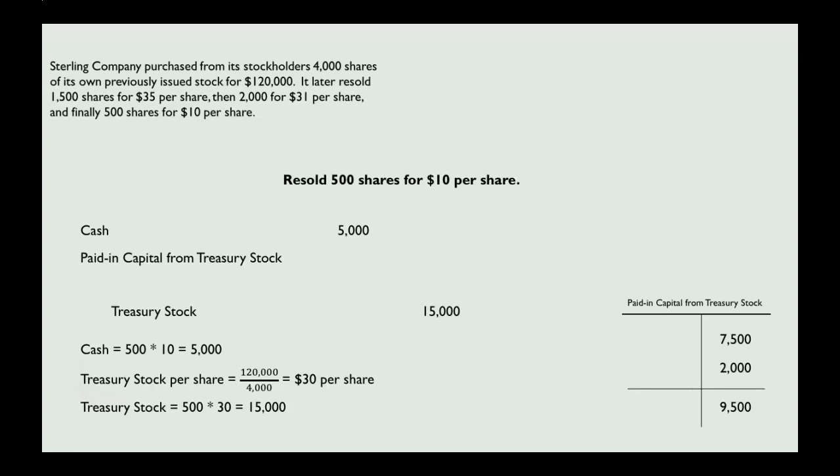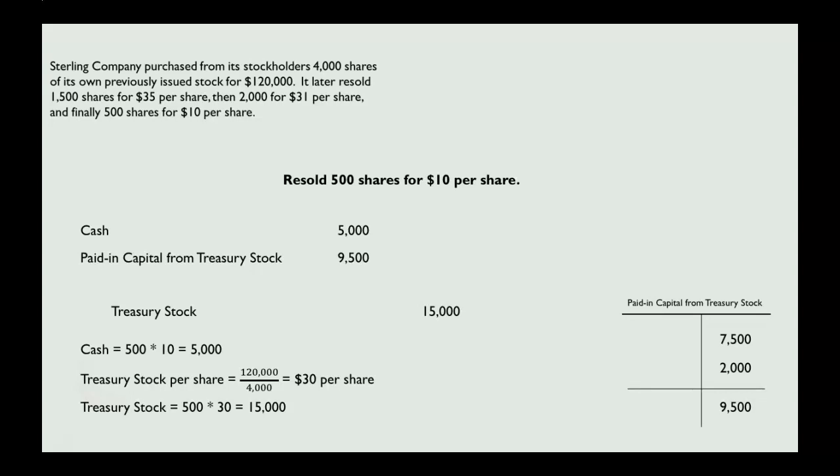But if we take a look at that T account over in the lower right corner, you can see that we only have 9,500 in that account. So in your paid-in capital from treasury stock account, you can only have a credit balance or a zero balance, meaning that the most that you can debit in this scenario is 9,500. So that's what we're going to do here.